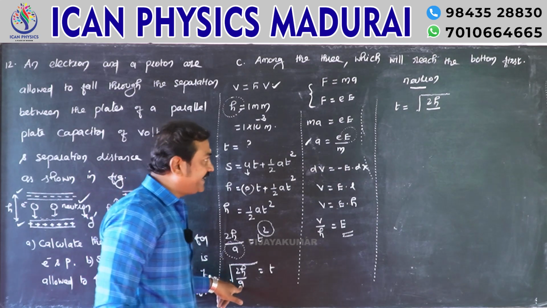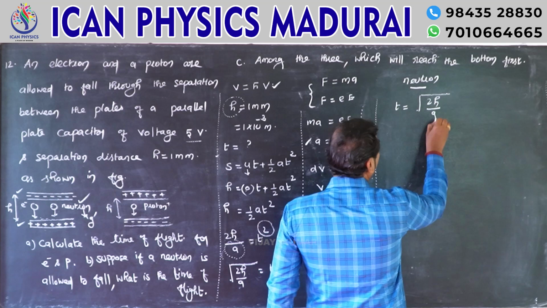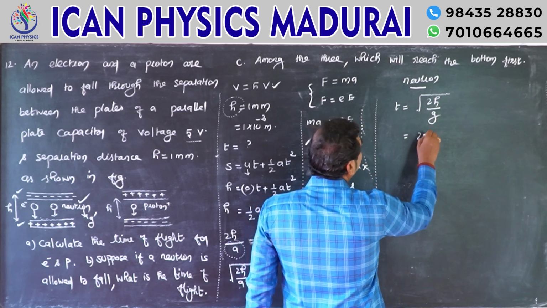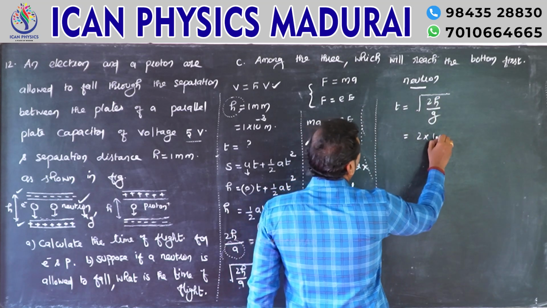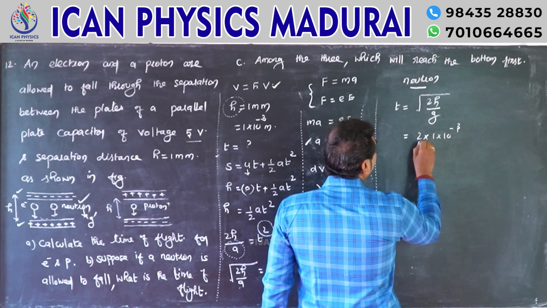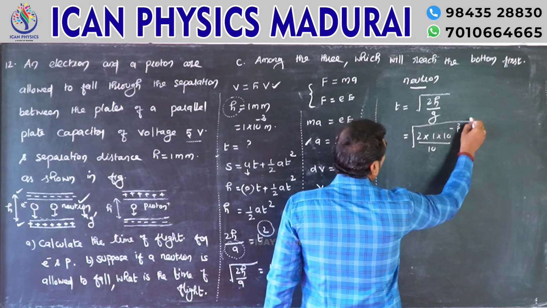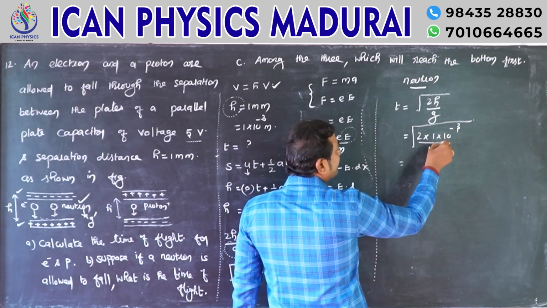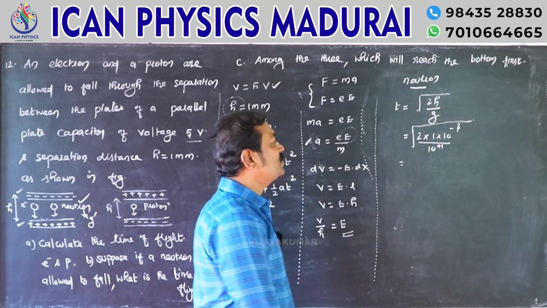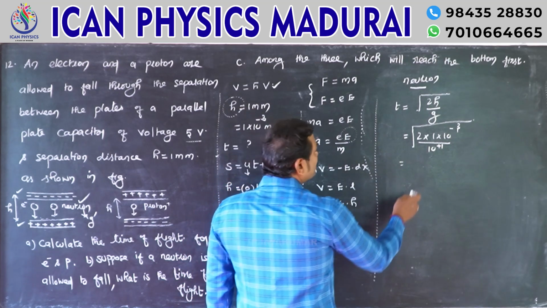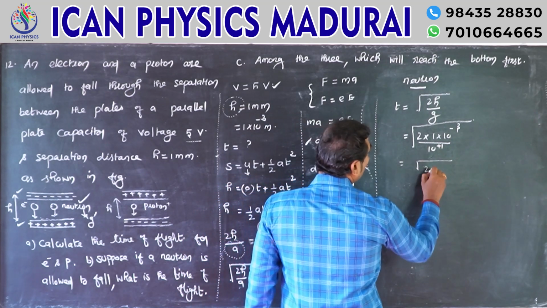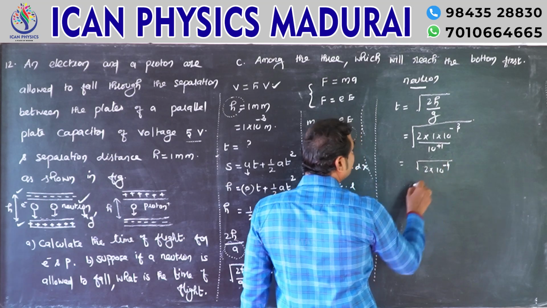Instead of a, we can substitute g. So 2 into h, where h is 1 into 10 to the power minus 3, divided by g, which can be taken as 10. So the 10 power becomes minus 1, because the numerator is minus 1. So square root of 2 into 10 to the power minus 4.